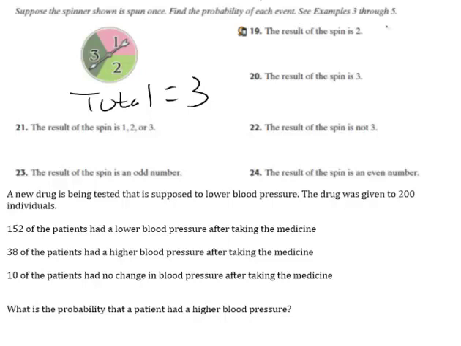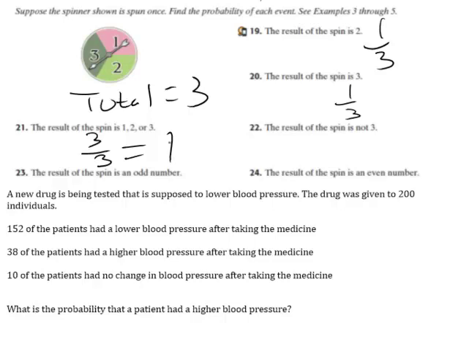Well, there's only 1 2, so that's 1 out of 3. Number 20 says the result of the spin is a 3. Well, there's only 1 3, so that's also 1 out of 3. Now 21 says the result of the spin is either a 1, 2, or a 3. There's 1 1, there's 1 2, there's 1 3. So that's 3 out of 3 or 1.